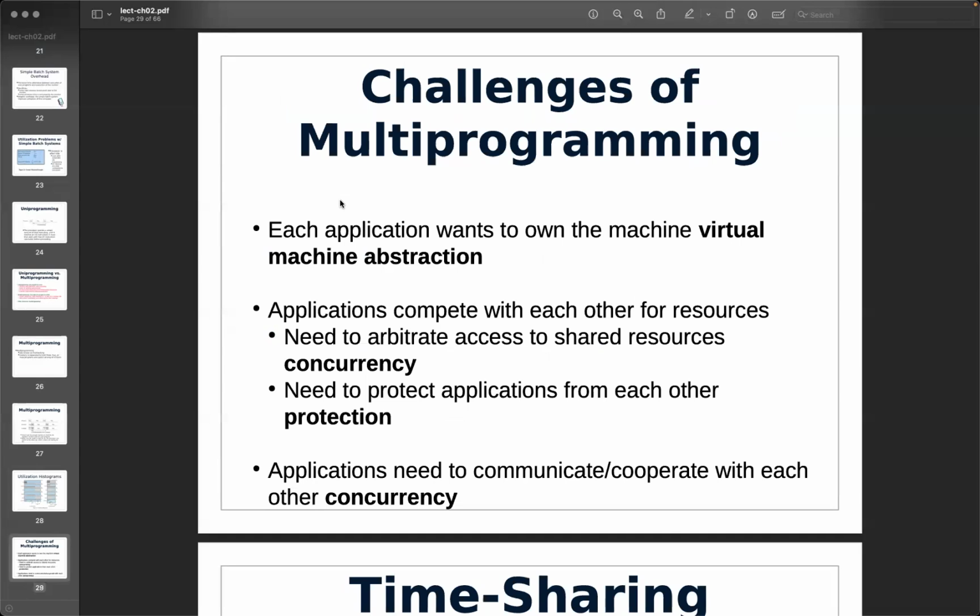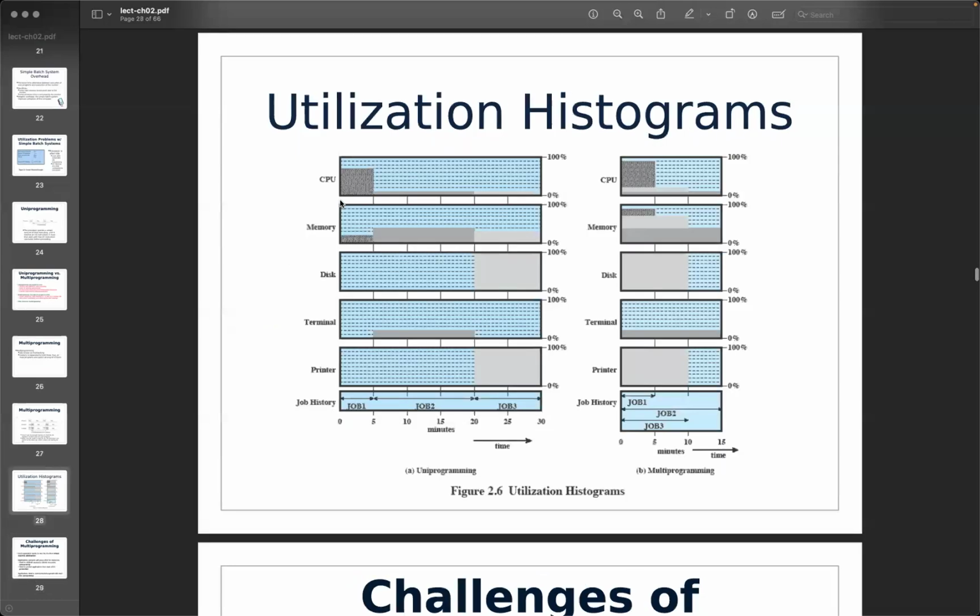If you go back to the last page, the one about the disk, this one, what would be an optimal percentage for your operating system managing the disk?